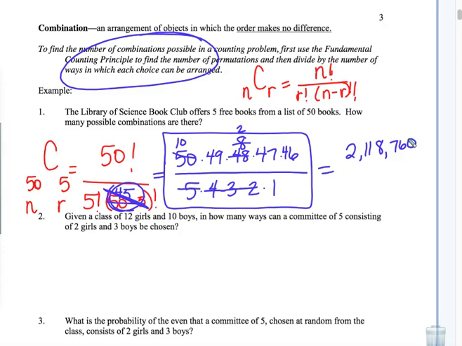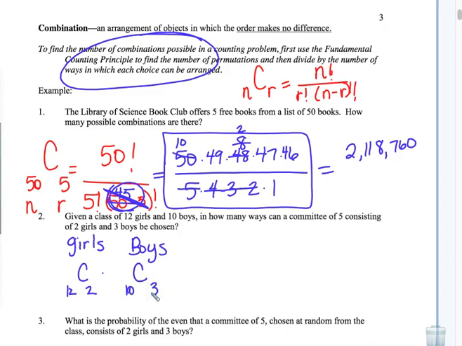And so for my girls, we'll do that first. That's a combination of 12 girls picking 2 at a time, times for my boys, a combination of 10 boys choosing 3 at a time.